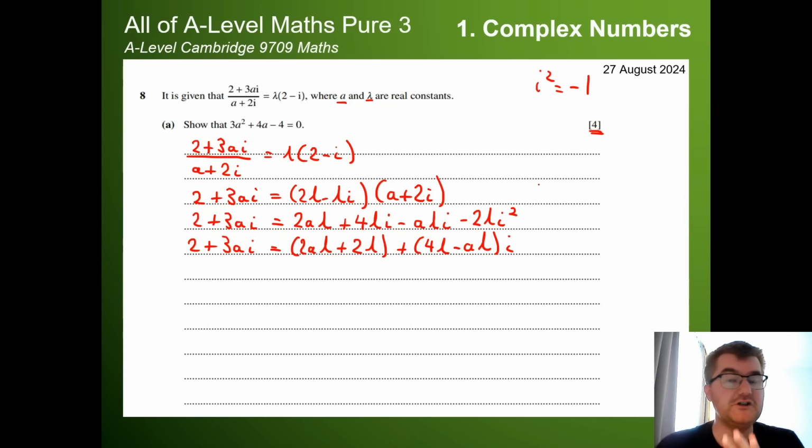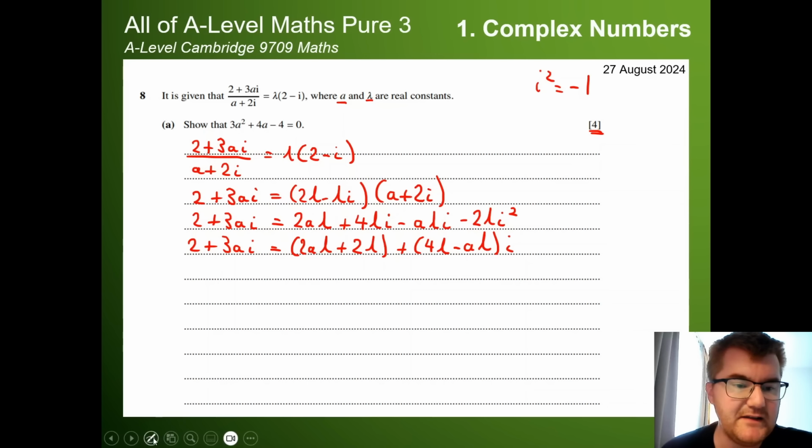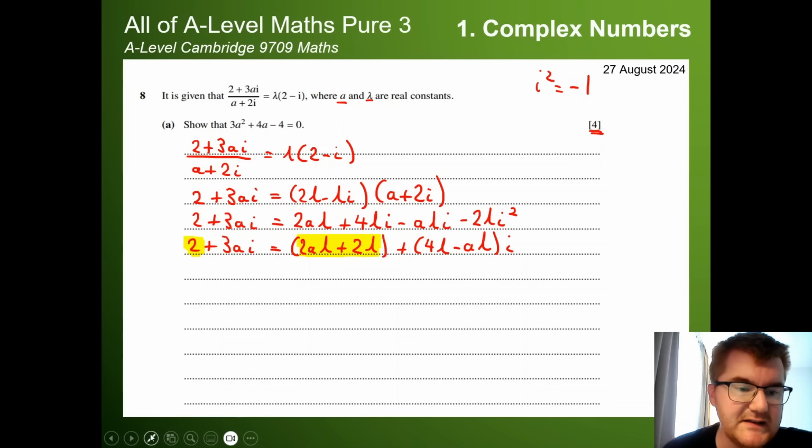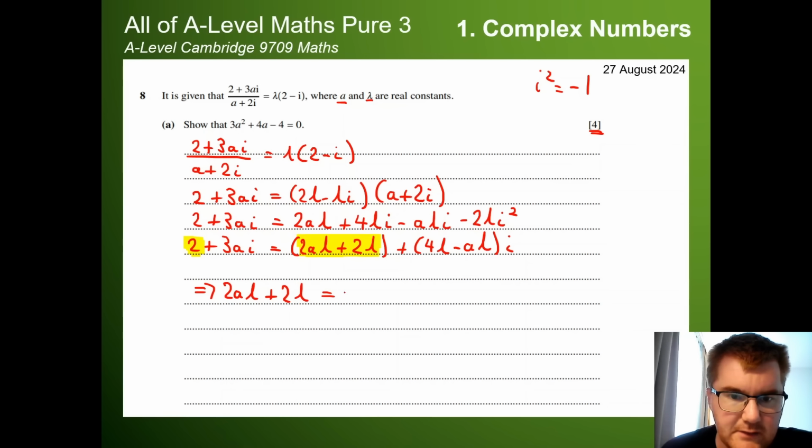Now, the reason we structured it in this way is we want to compare the real and imaginary parts together here. So let's get my highlighter. And notice this 2 is going to have to be equal to whatever this real part is over here, which means then, let's get the pen out instead, that 2a lambda plus 2 lambda is equal to 2.